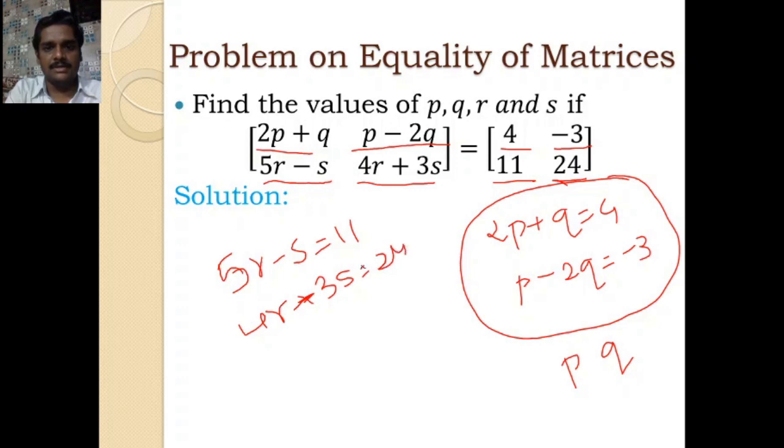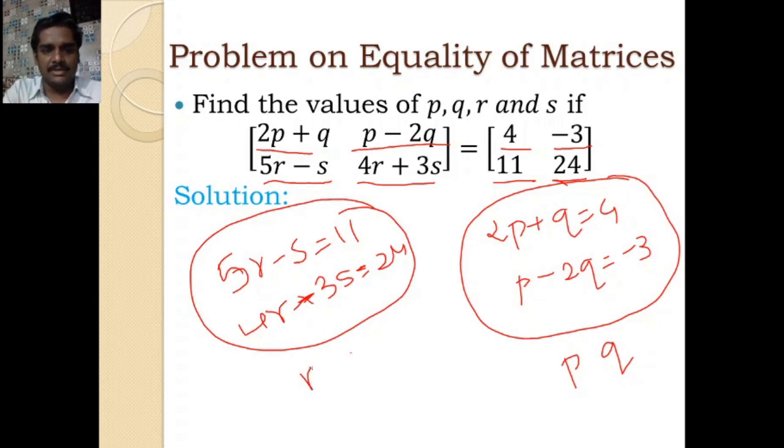And if you observe, we again have simultaneous equations which we will solve simultaneously to get the values of R and S. After solving these two sets of simultaneous equations, you'll get the values of P, Q, R and S. I've solved that and you can see the answer.